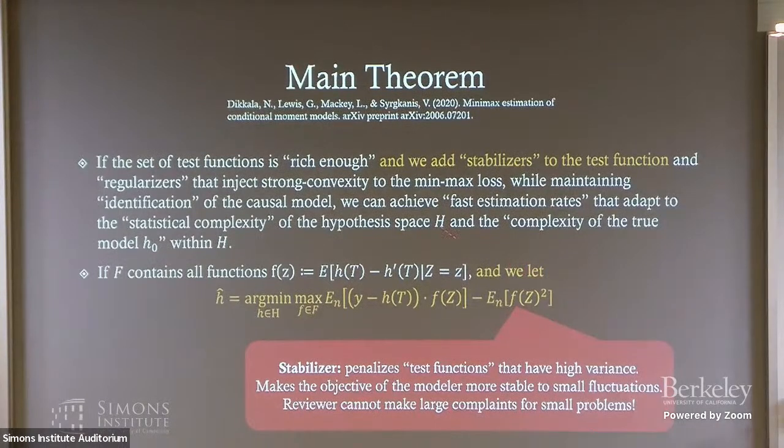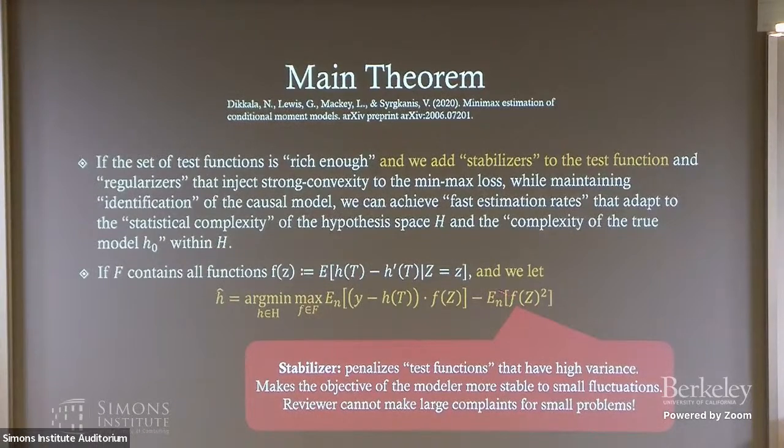And then what was the other thing? To add stabilizers. So instead of just solving this minimax problem, we're going to add a penalty over here, which penalizes the second moment of the test functions. If you recall, Nathan also had some stability addition to his minimax loss, but it was qualitatively very different.